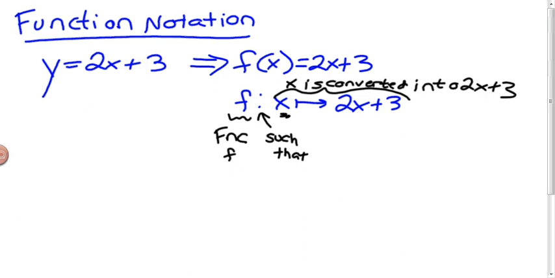So it takes your x value and makes it into 2x plus 3. So that's the notation that you are going to be seeing, because what that really means is it's going to take your function f such that x is converted into f of x, because f of x represents what your function is, 2x plus 3.